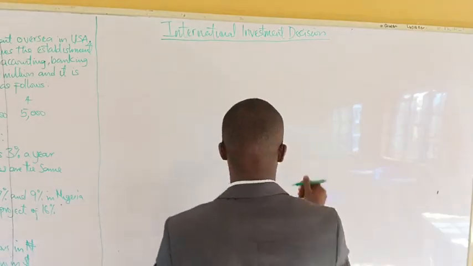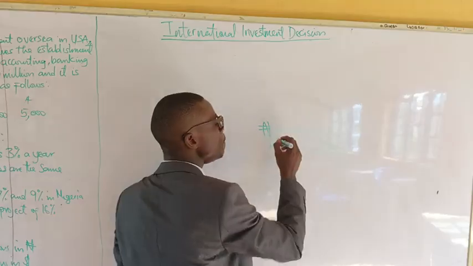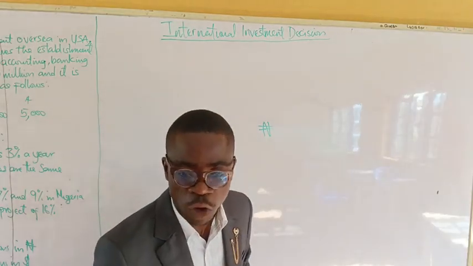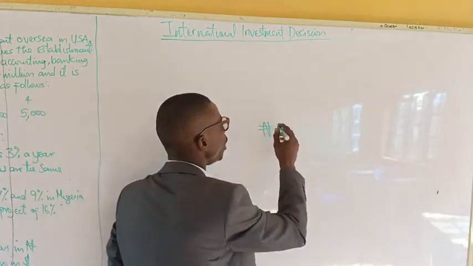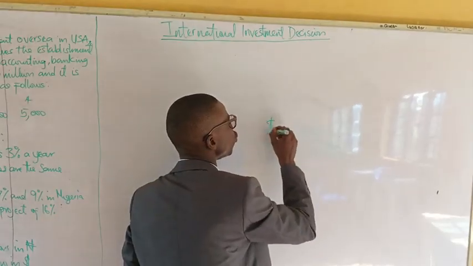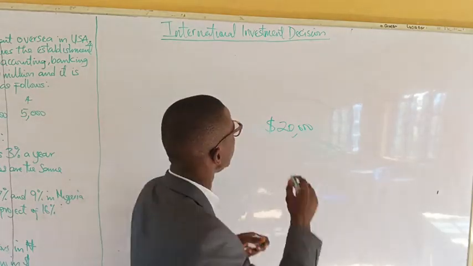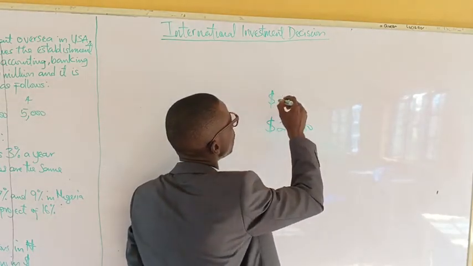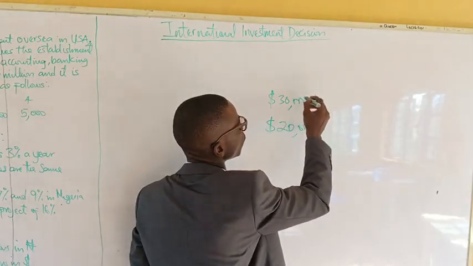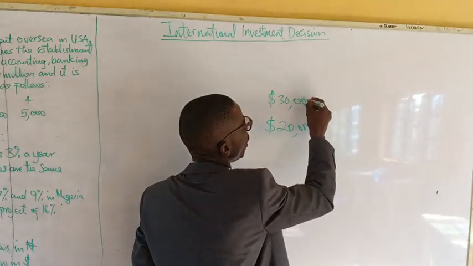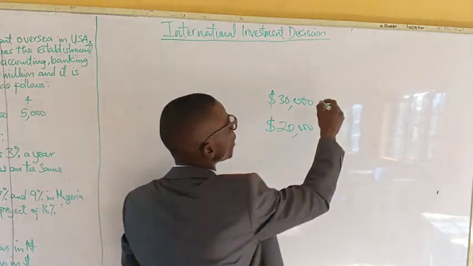So they may say that any payment moving out of that foreign country must not be more than $20,000.